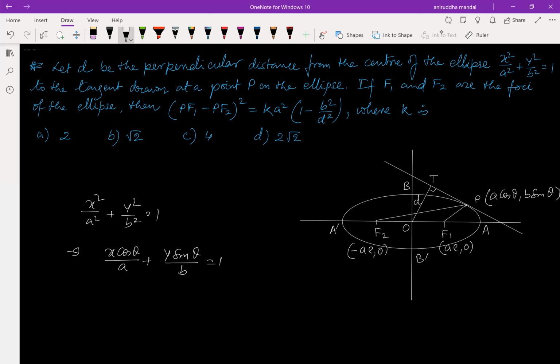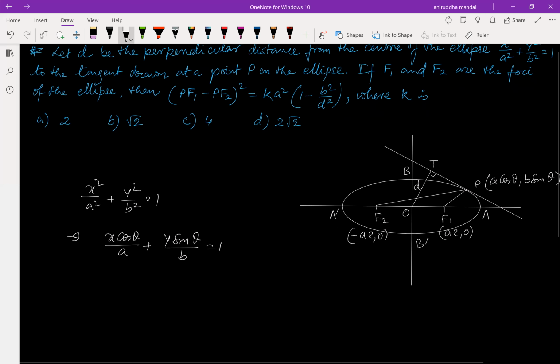From the origin we drop a perpendicular on this tangent. This is minus ab. Let me simplify this equation a little bit.